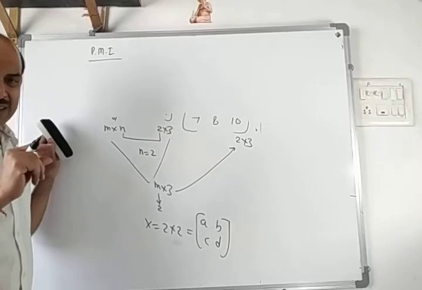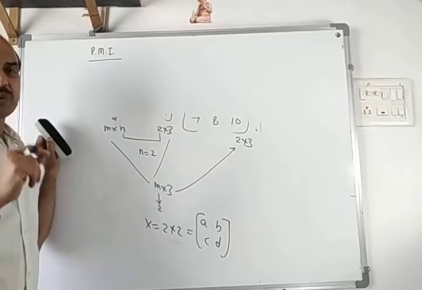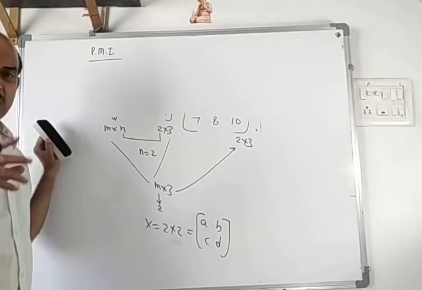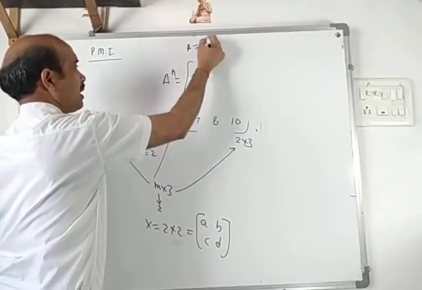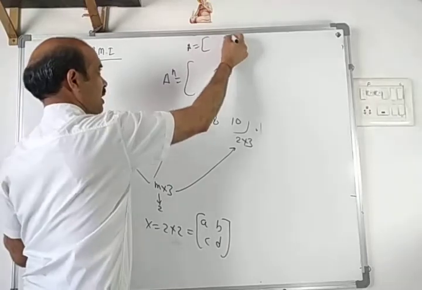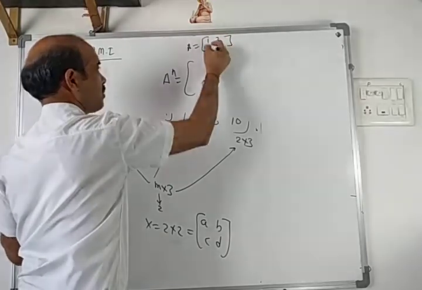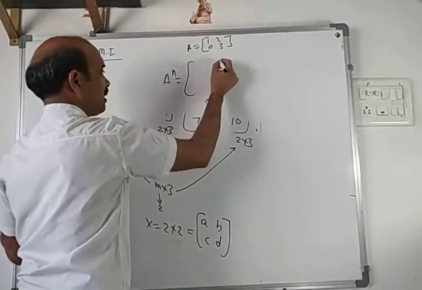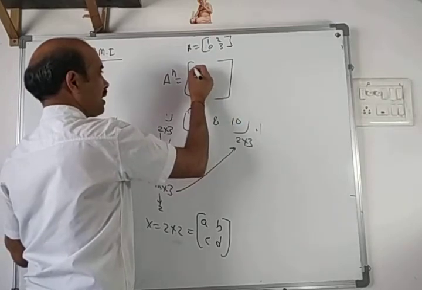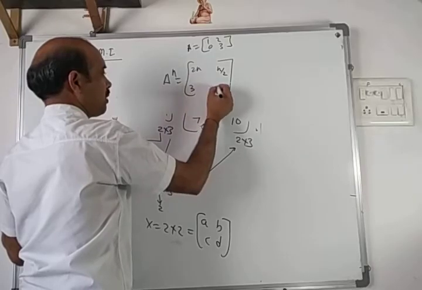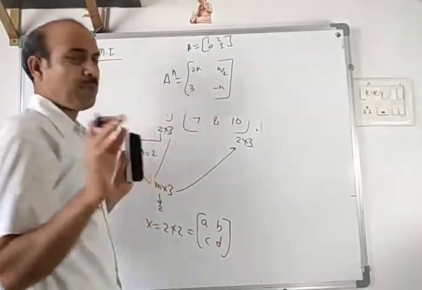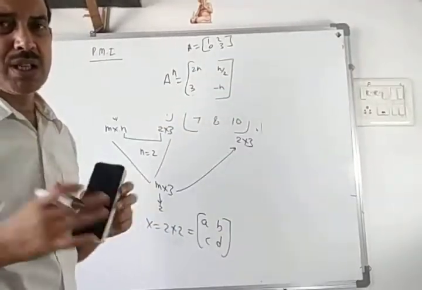It is not mentioned in the statement that you have to use it, but in the case of A to the power n, they give you A equal to something, any numbers, 1, 2, 0, 3, and ask you to prove A to the power n equals something in terms of n, like 2n, n by 2, 3, minus n. I am just giving an example, there is no question, you must understand the idea.